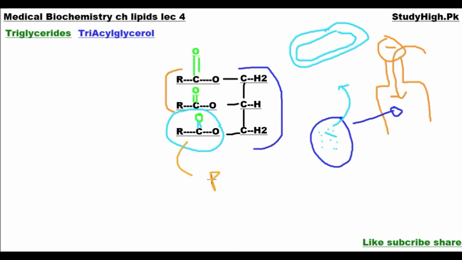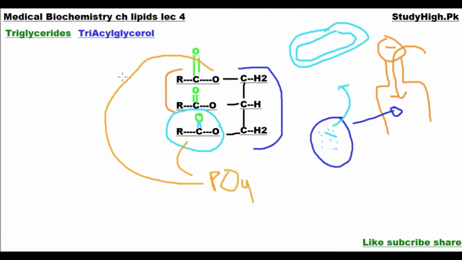The phosphate group is always attached on carbon 3 of glycerol, whereas in the case of sphingosine, it will always attach on carbon number 1. So the glycerol structure shows that the phosphate cannot attach on carbon 1. Carbon 1 is stereoisomerically different from carbon number 3.